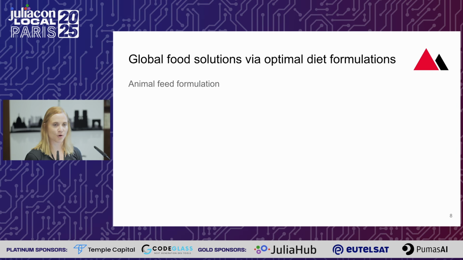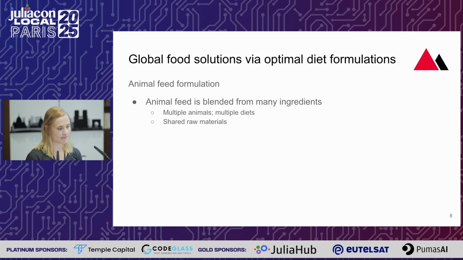The animal feed formulation problem is much like the human diet problem. Animal feed is blended from many ingredients, and there are multiple animals and multiple diets, and there are shared materials, and we need to formulate the solution at minimum cost.